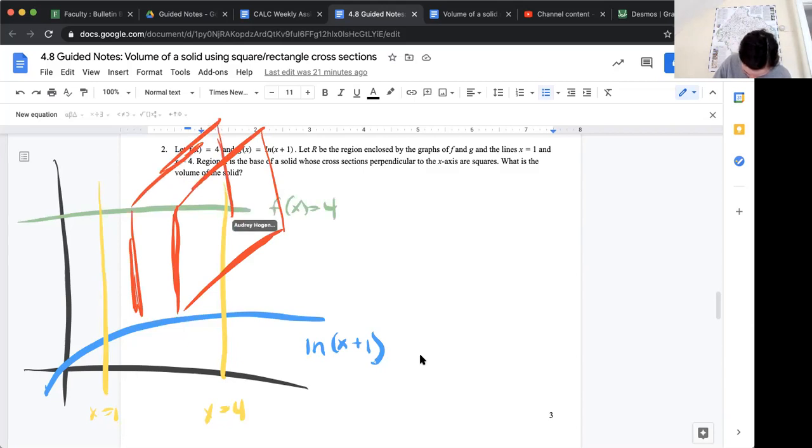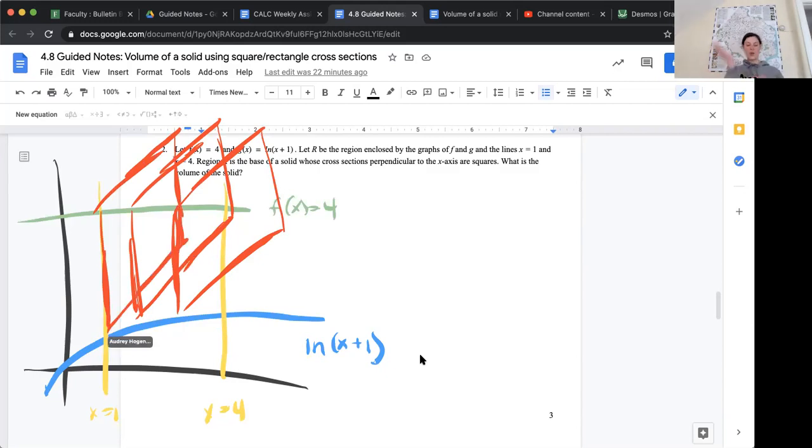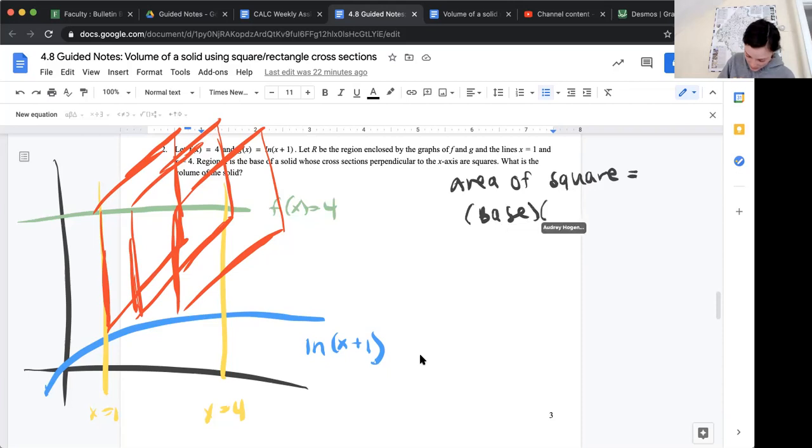So here are a few of the square cross sections. Hopefully you can kind of imagine those kind of coming up towards you and see that as a 3D shape. Okay, and we want to know the area of a square. And that is going to be equal to base times height, which are going to be the same in this case.